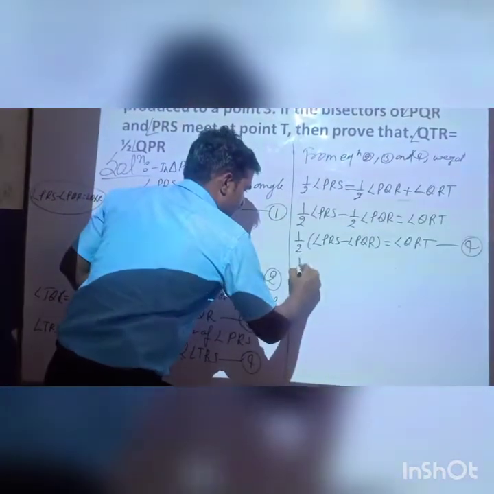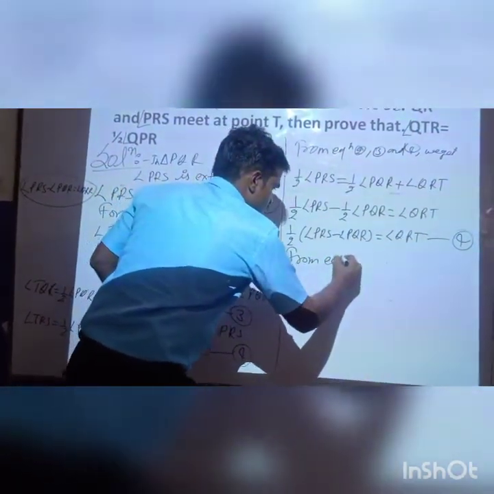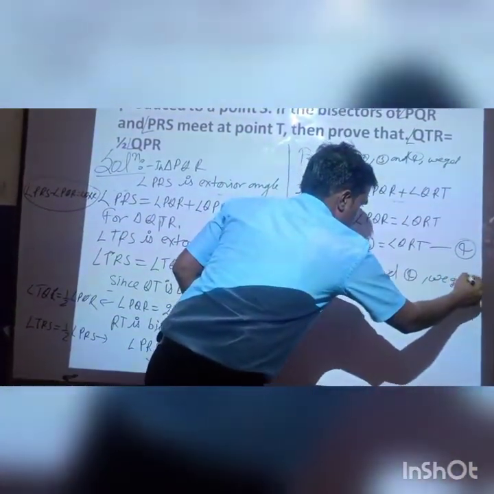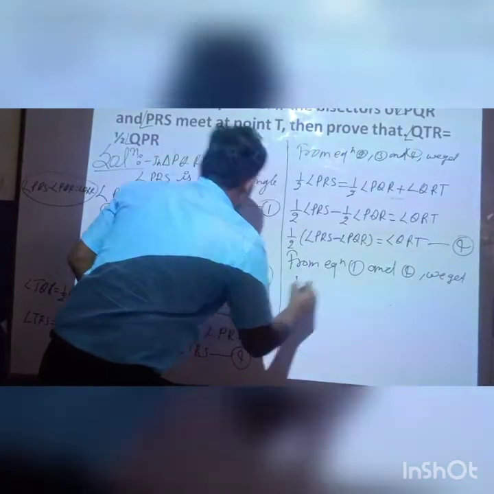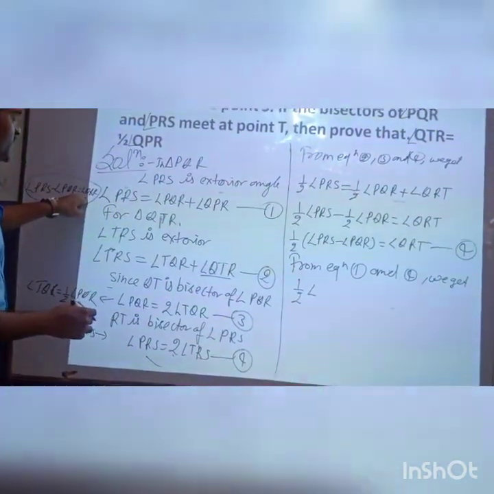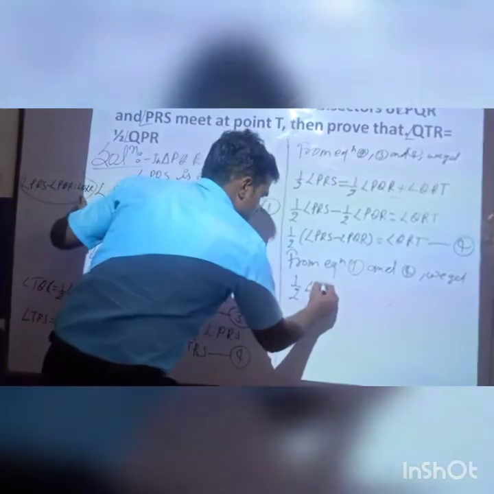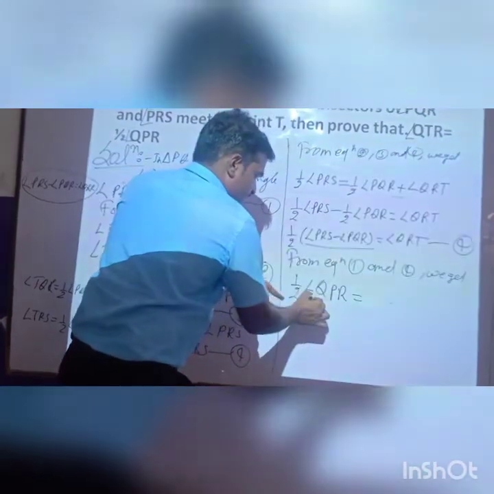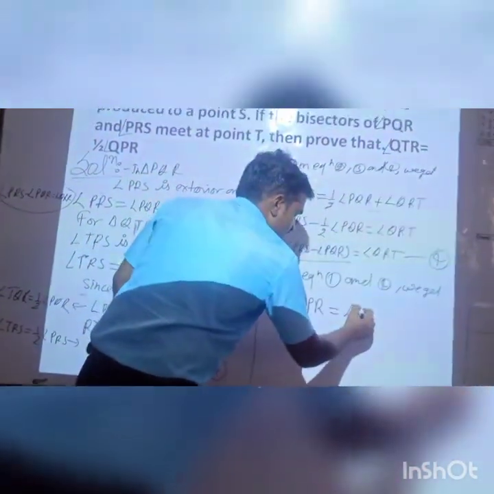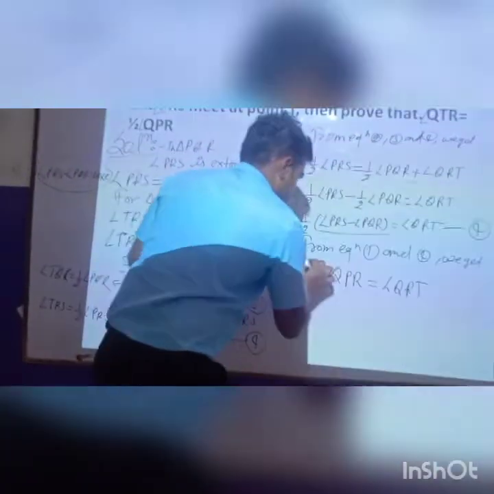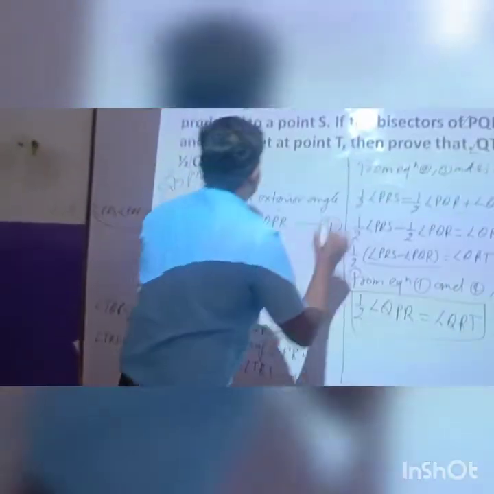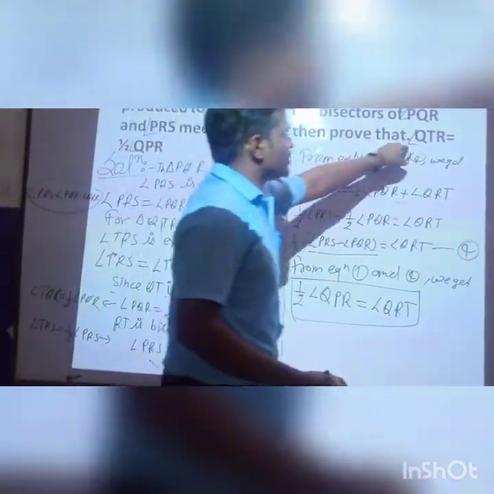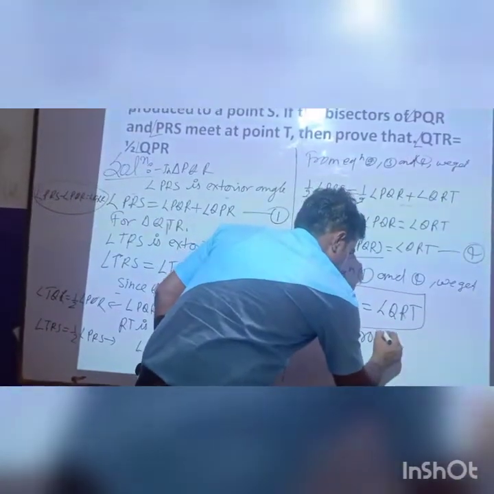So we get 1 upon 2 angle QPR is equal to angle QTR. Okay, 1 upon 2 QPR is equal to QTR, that is proved.